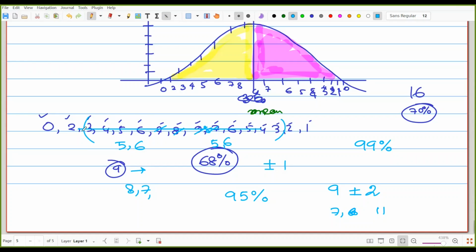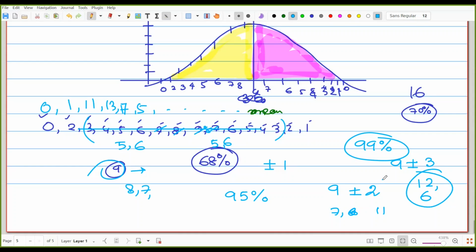So here we are finding the mean as 9, so 99% of the data are 9 plus minus 3. That means it may be 12 near about or near about 6, like that. So that is simply the values of the data of the distribution we are comparing with the mean with the help of the standard deviation. Standard deviation is giving us that type of general value from the statistics.